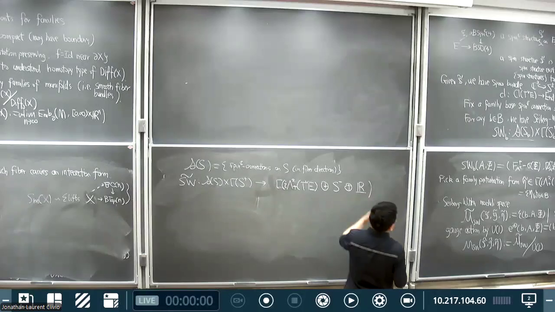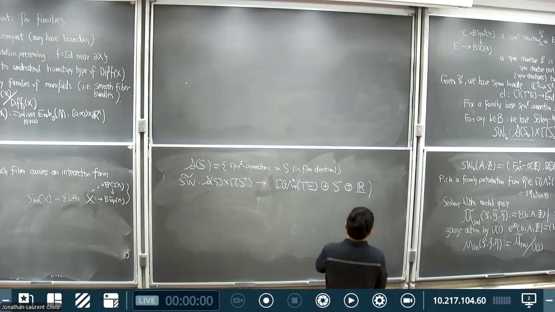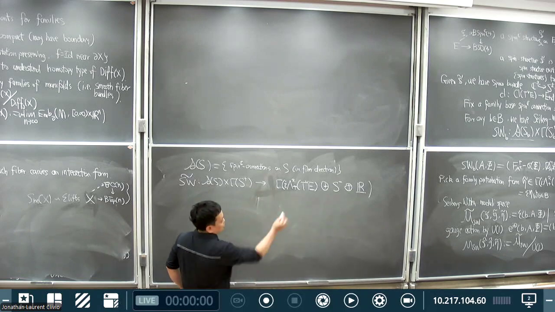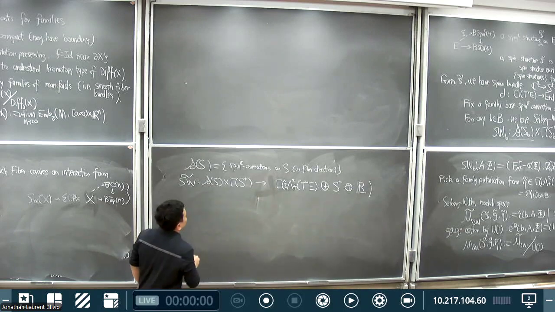This is the triple bundle over E. Yes. Okay. So we can just do this. Just do the family set.